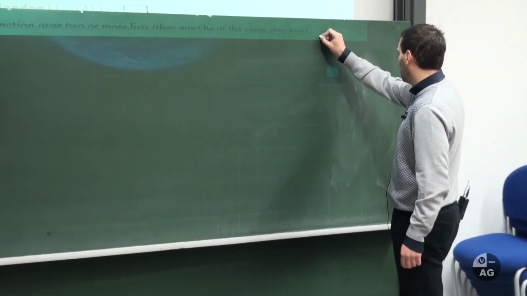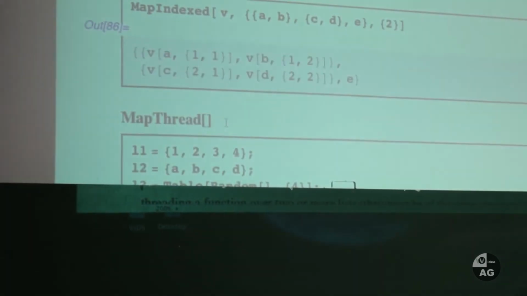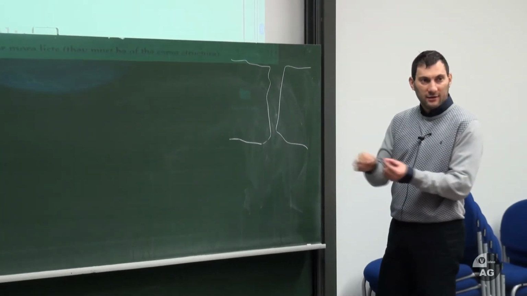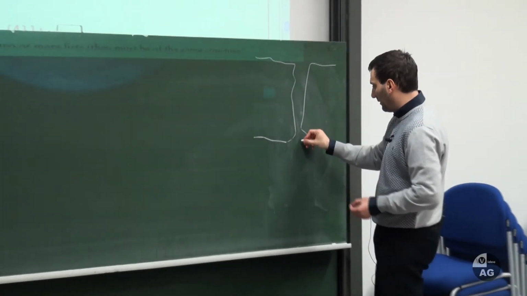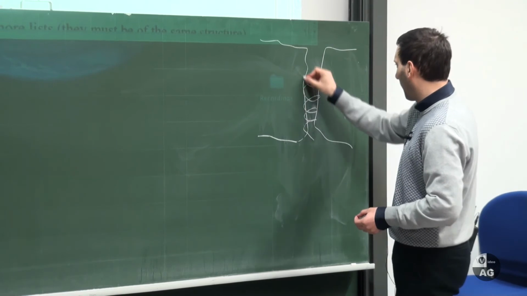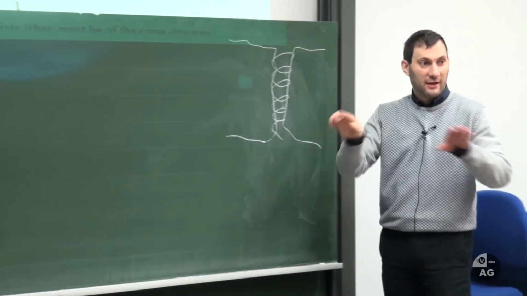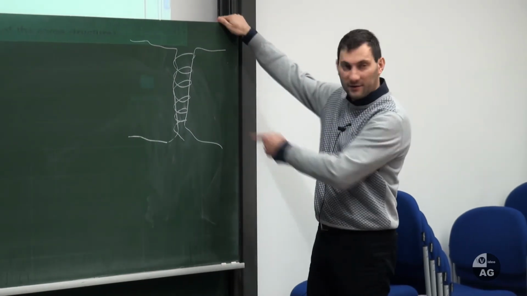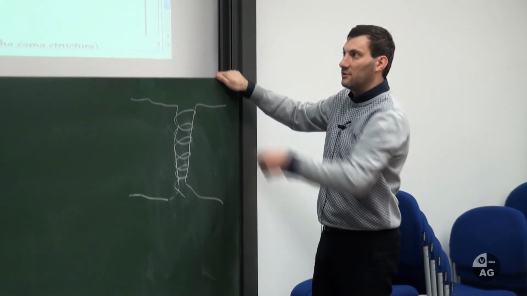You have this blanket, this is another blanket. Then you have a needle with a thread and you're trying to thread the two blankets together. That's threading in English, and that is map threading.